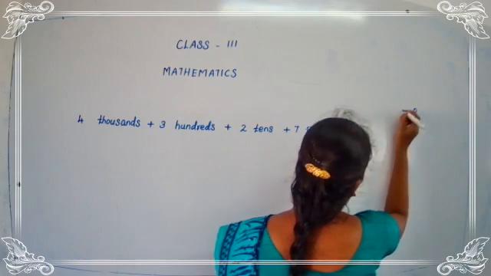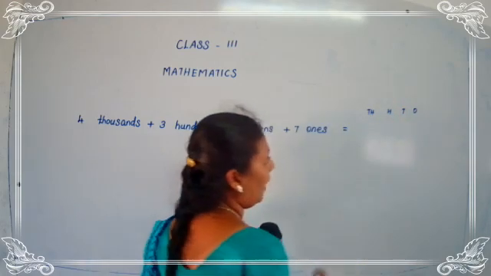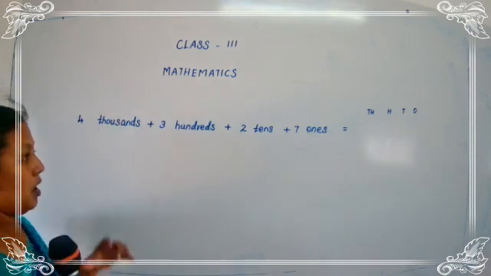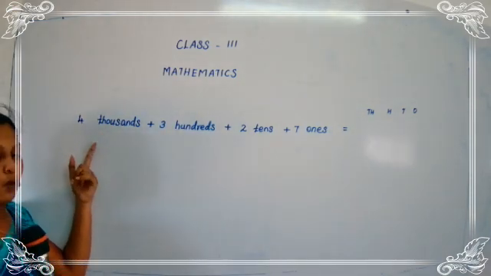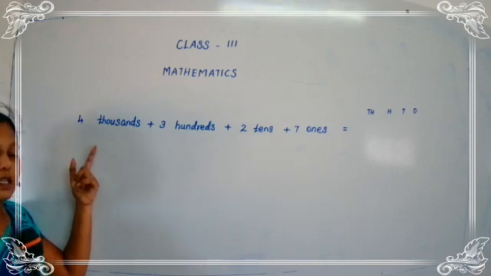Ones, tens, hundreds and thousands. First see here 4000. How many thousands are here? 4,000. Which number is in the thousands place? 4.